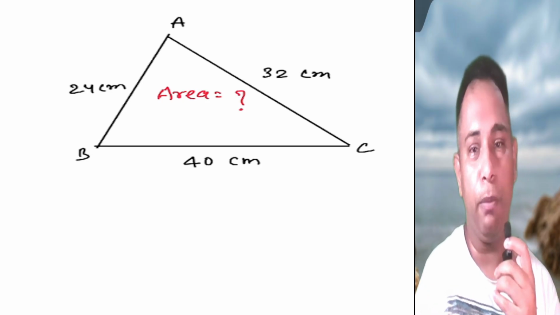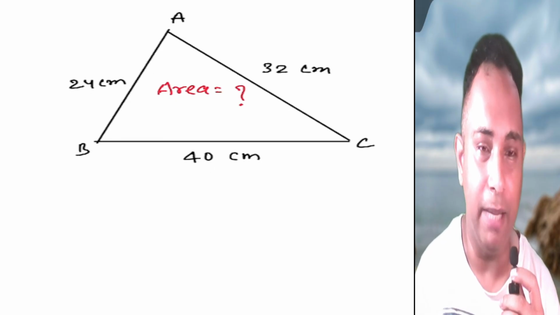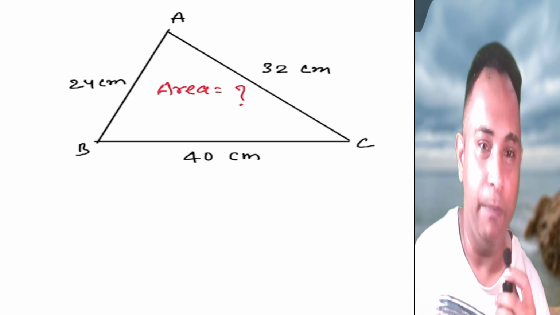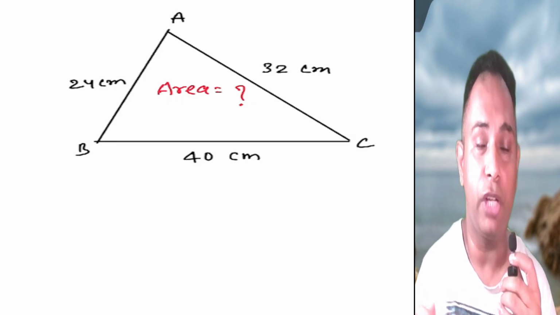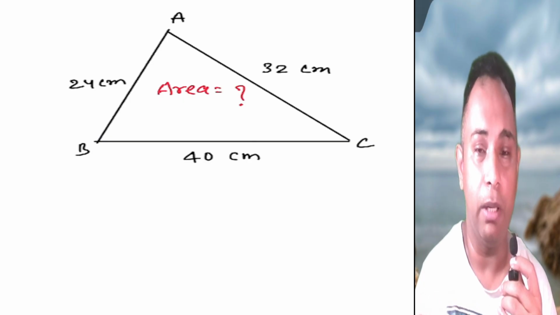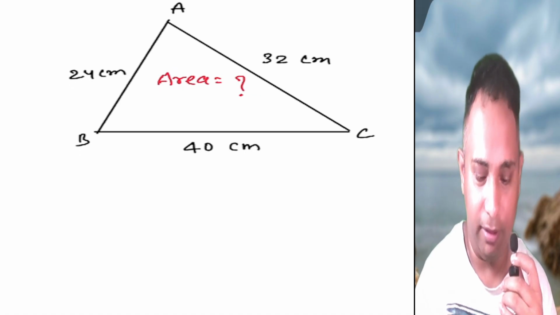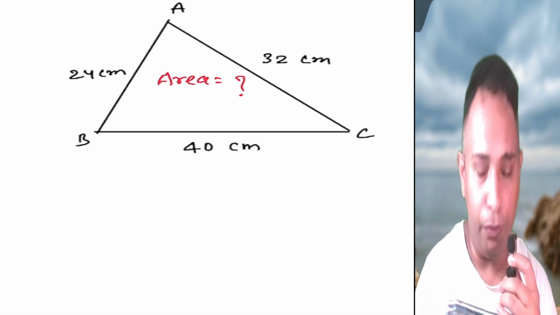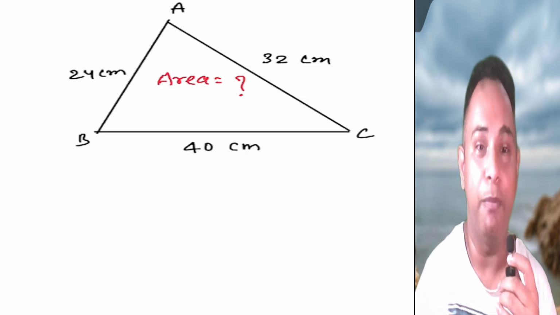To solve such problems, a great mathematician named Heron, from Alexandria, derived a specific formula to calculate the area of those triangles where base and height are not available, but all the sides are available. He narrated a beautiful formula known as Heron's formula, named in his honor.